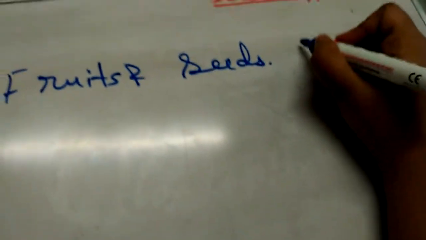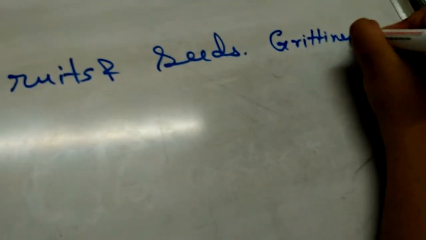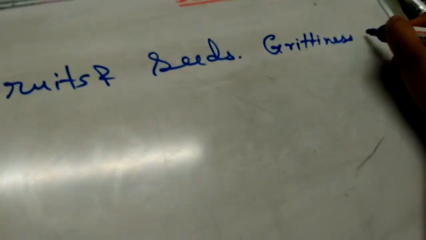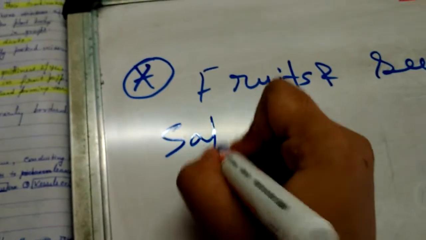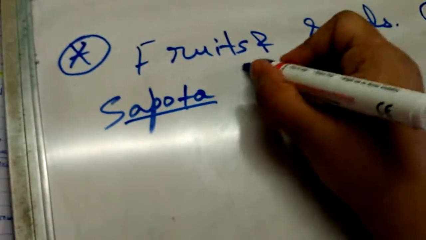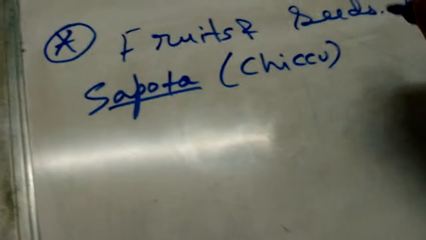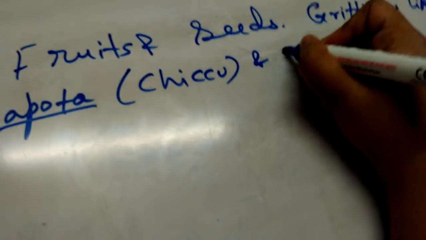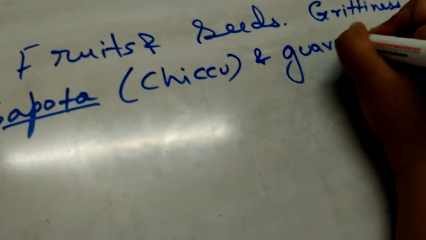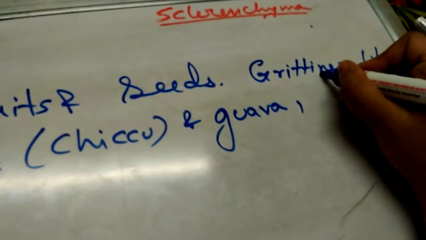They give the grittiness of fruits like sapota, or chiku, also guava. Found in fruit pulp.